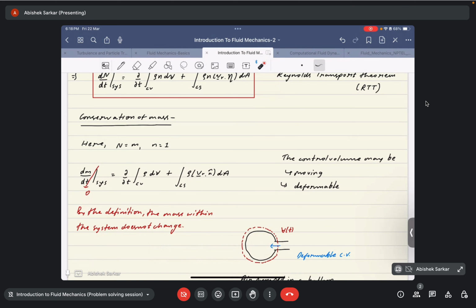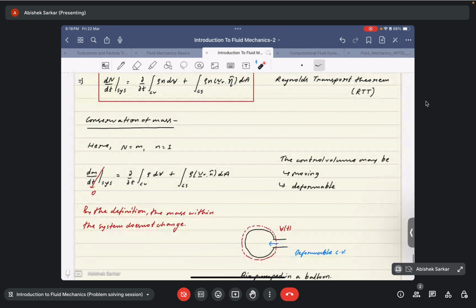And from the conservation of mass we know that the mass within a system can neither be created nor destroyed. That is basically that the mass within the system remains constant, because we saw that for a control system approach, the mass and the identity of the mass remains constant. So the term on the left hand side will be equal to 0, and we are only left with the right hand side term equated to 0.